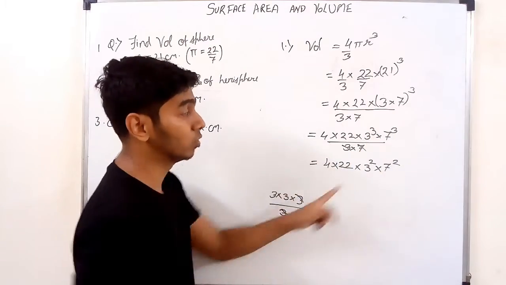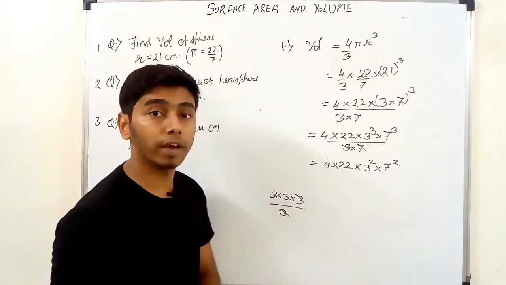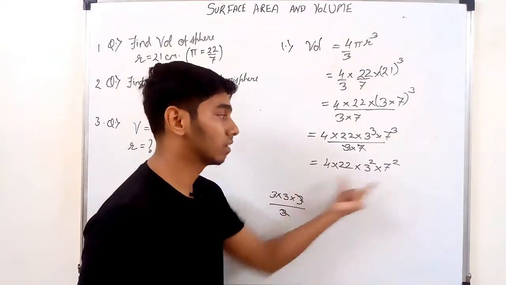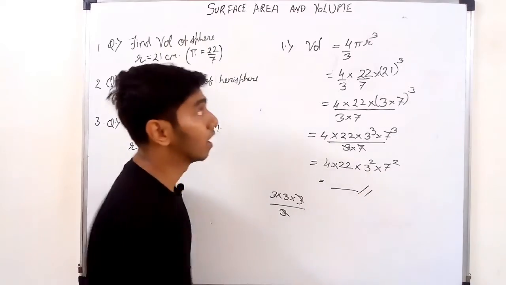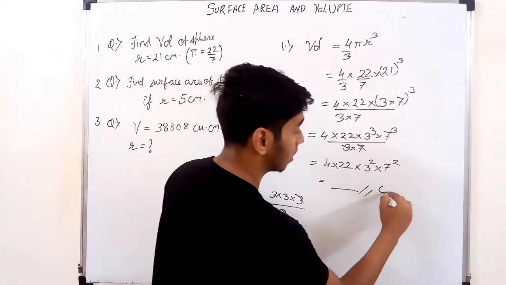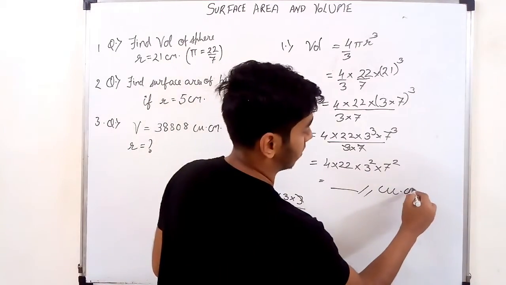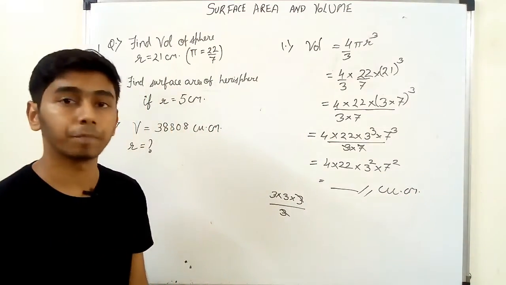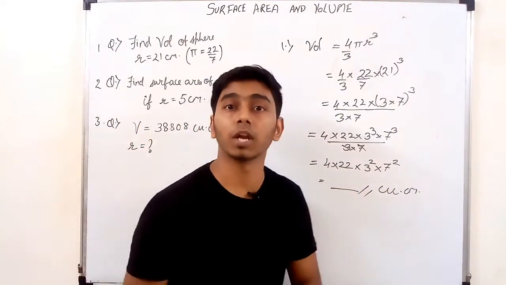Same way for 7 cube upon 7, you'll be left with 7 square. Therefore you can simply multiply all this, and that will be your answer. The volume will be in cubic centimeter. This is just multiplication which you can do.